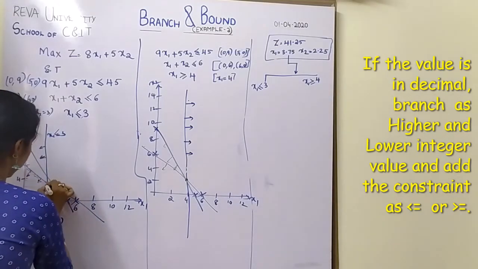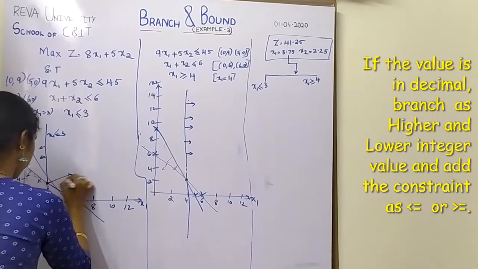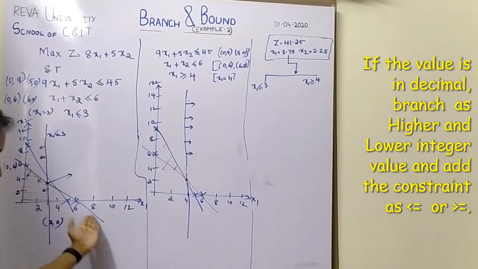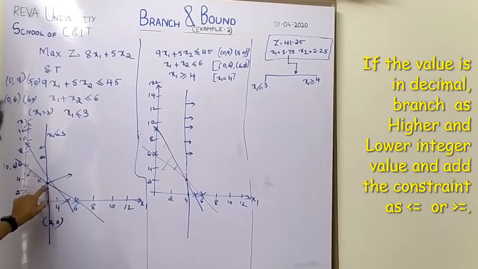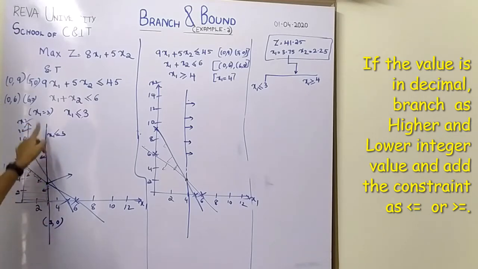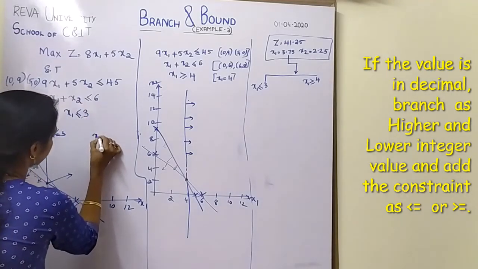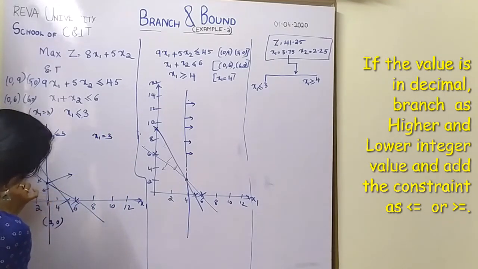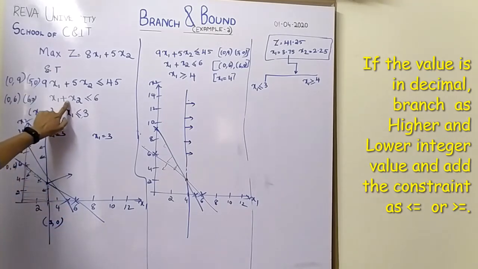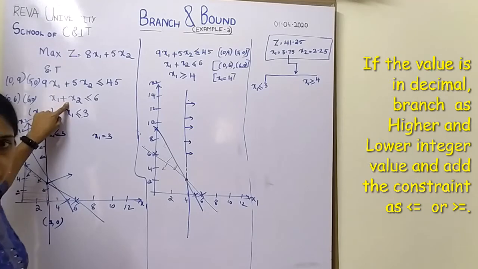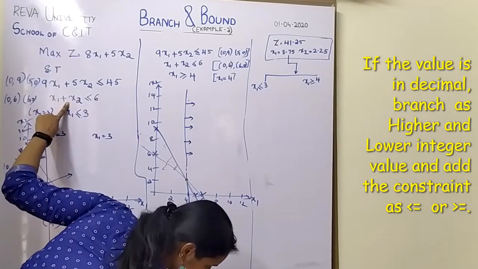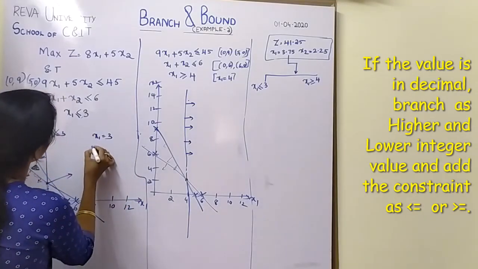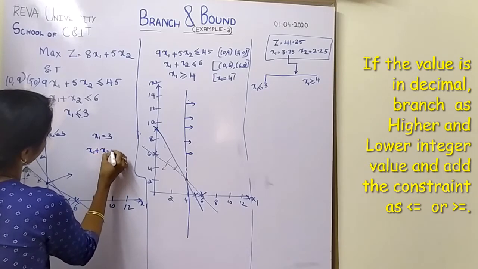Okay, and to get this point, which two equations do you have to solve? You have to solve two intersecting equations. In this case, this indicates x1 is 3. And this line represents the equation number 2, x1 plus x2 equal to 6.